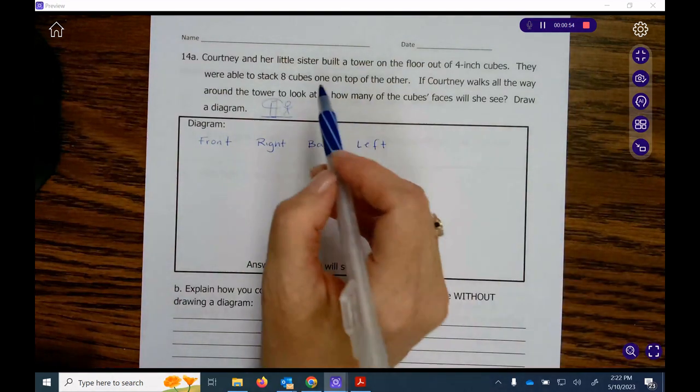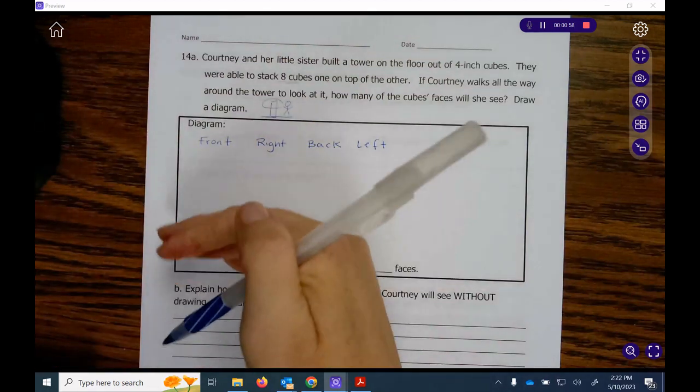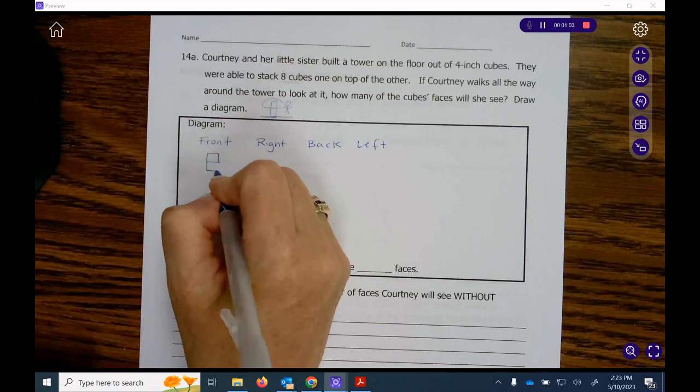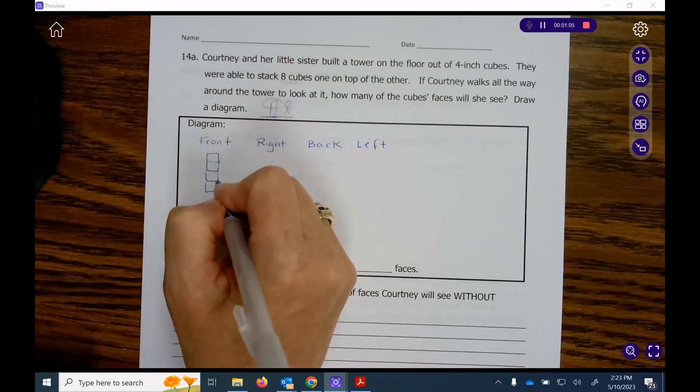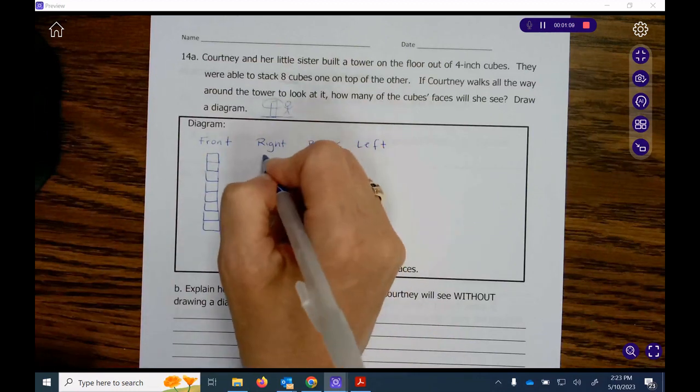And we know that there are 8 cubes that are stacked to make the tower. So we're going to go 1, 2, 3, 4, 5, 6, 7, 8.